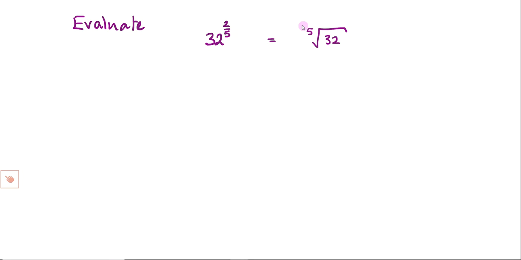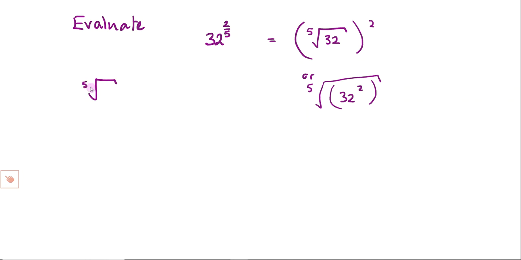The first one. I'm not going to try and do 32 squared without a calculator. That gives you a clue which one to use. So I'm going to do the 5th root of 32, and I know that is 2. 2, 4, 8, 16, 32. Done. And then we square that, and I get the answer 4.